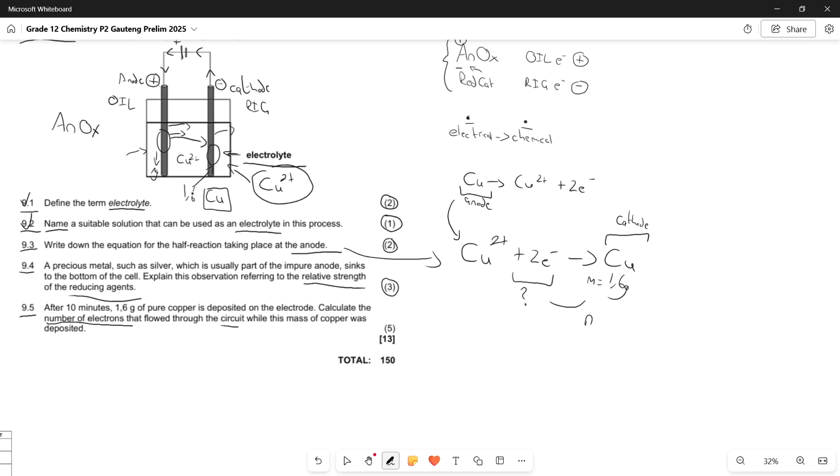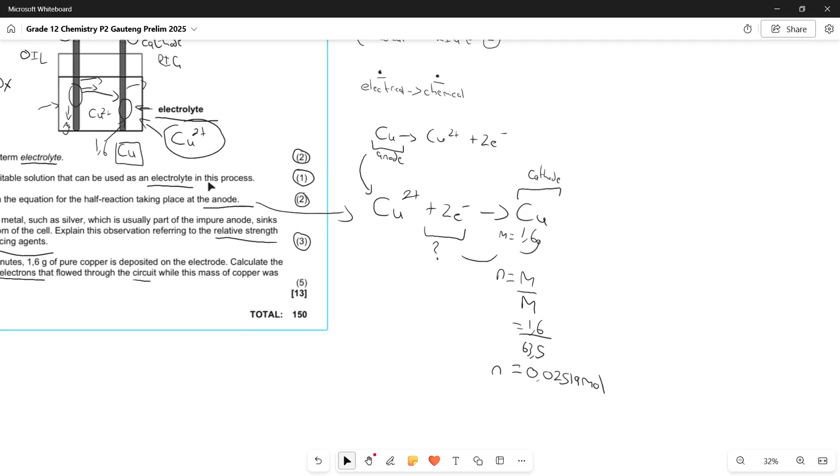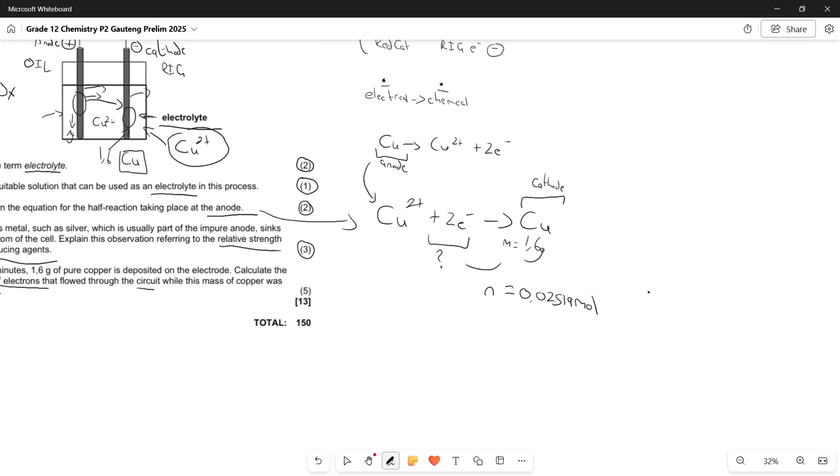So if we just go ahead and write n = m/M over here, we have 1.6 grams is the amount that has been deposited, and we end up having 63.5 grams per mole of copper on our periodic table. We can just go ahead, plug this in our calculator, and we'll have 0.02519 moles over there.